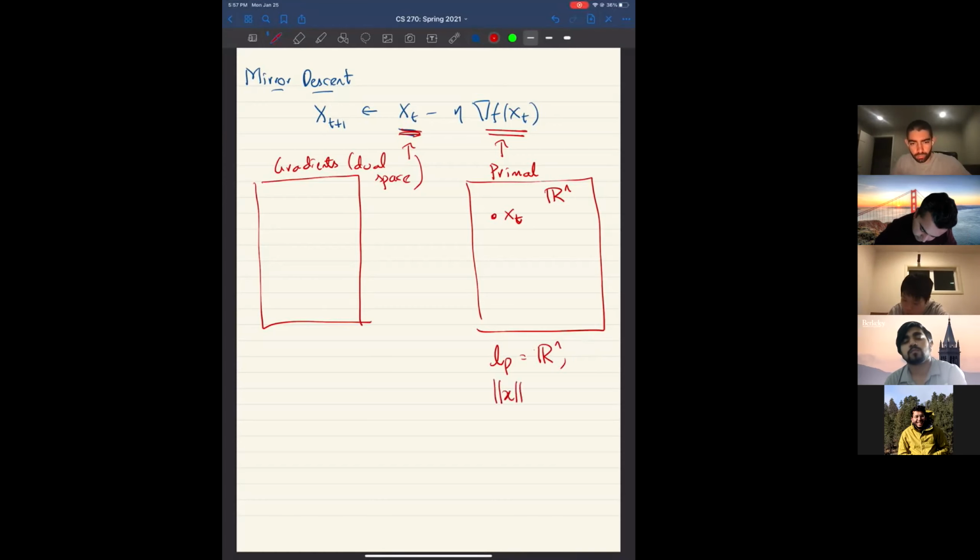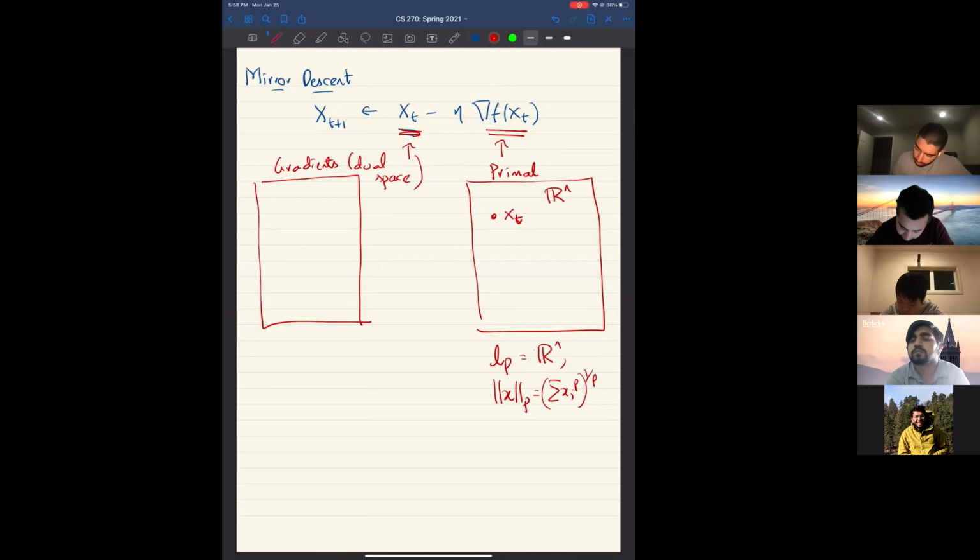The norm of a vector is summation of xi to the p, whole to the 1 over p. So L2 space is the most natural Euclidean space that we think about, but you can pick a different value of p. So if you pick L infinity or L1, these are all different spaces.